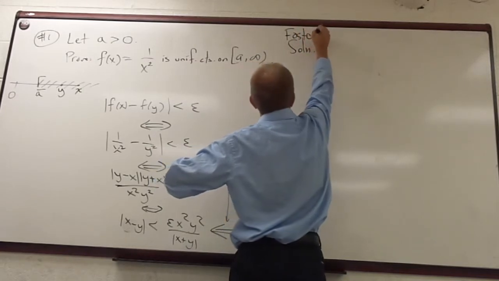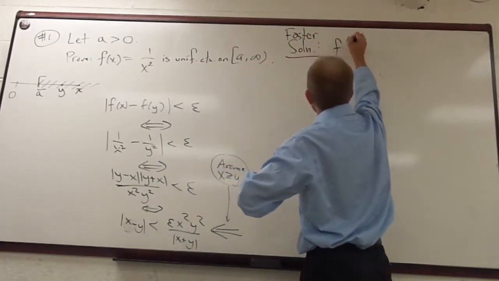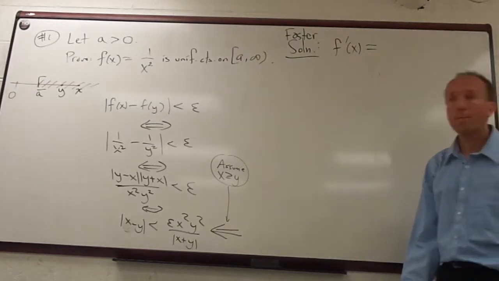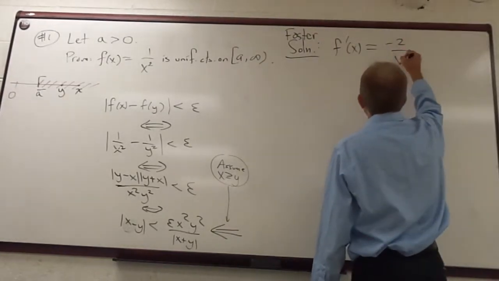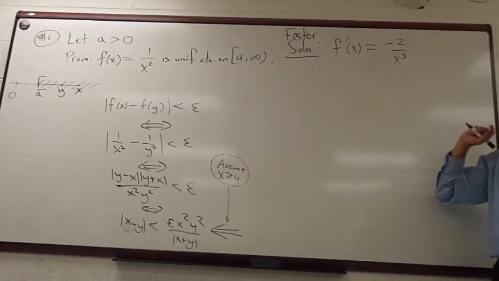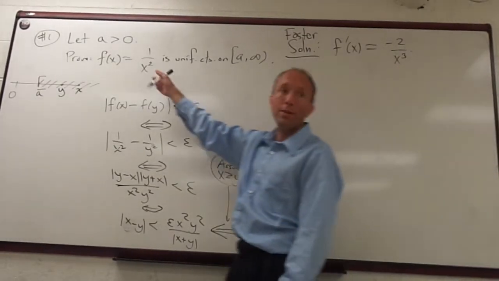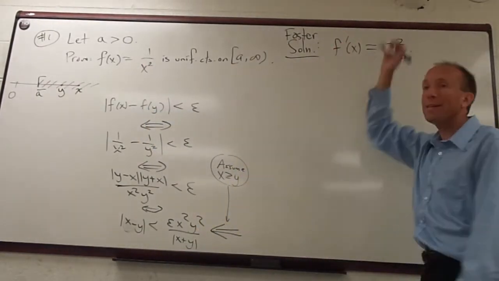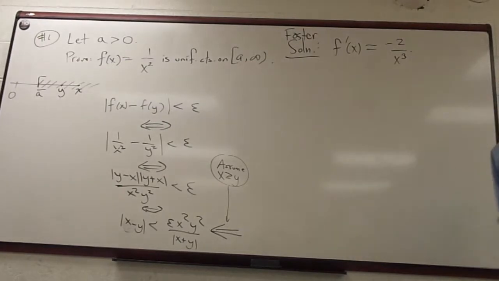What is the derivative of 1 over x squared? Yep, now that would actually be a nice one for me to ask you to prove from the definition. I won't do it right now, but you can just prove from the definition that the derivative of 1 over x squared is negative 2 over x cubed. If you want to practice that at home, it's probably a good thing to practice on.